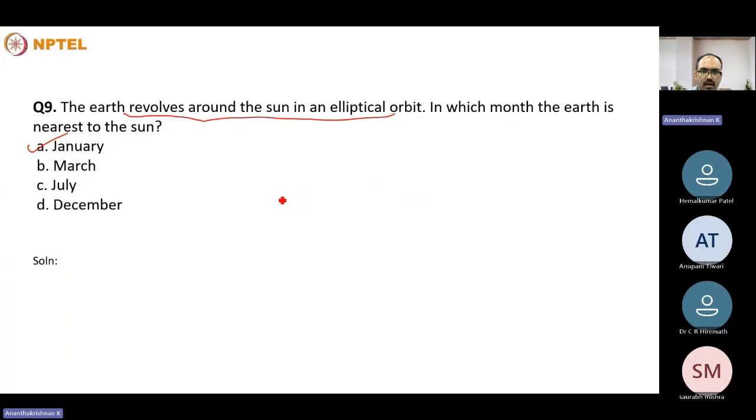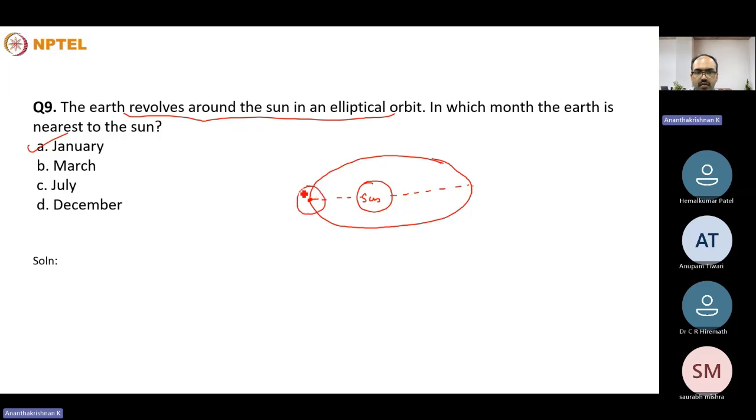So the orbit of Earth around the Sun is elliptical in nature, but the distances of these points will not be equal at both these locations.